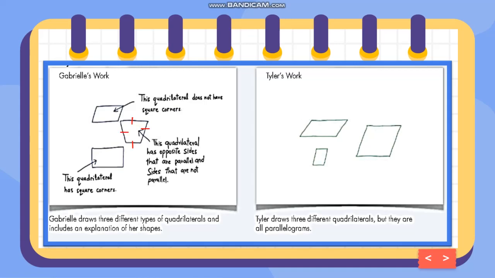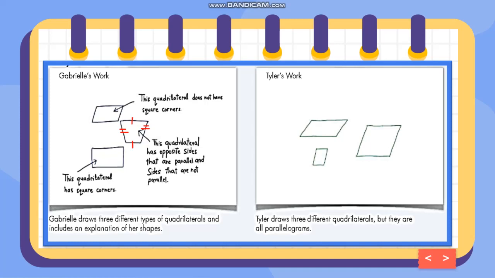When we say parallel, it means the lines never intersect, never cross or never meet, even if you extend them. But when we say non-parallel sides, it means when you extend the lines, they will meet or they will cross or they will intersect.